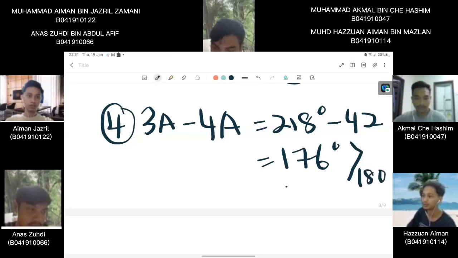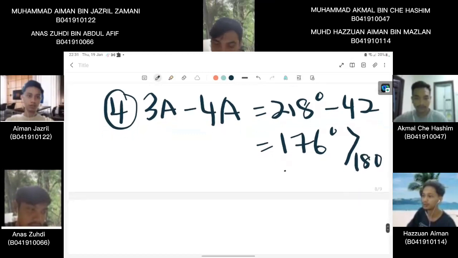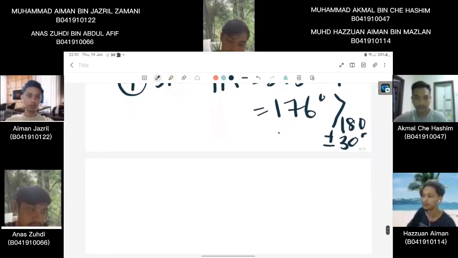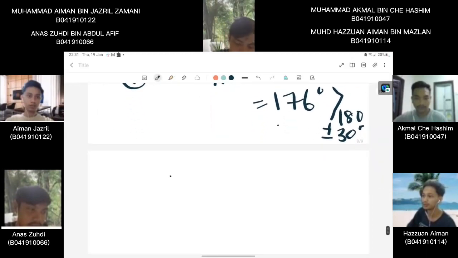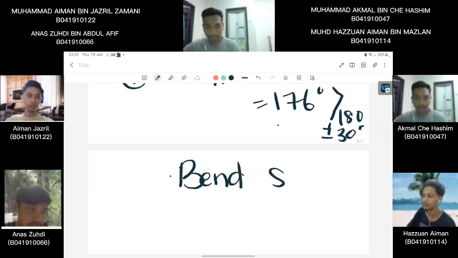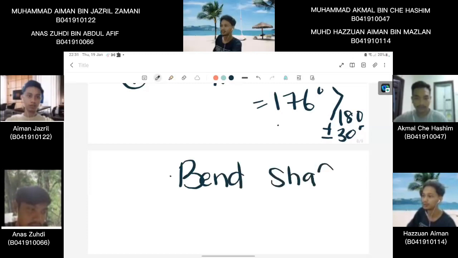So it is between 180 plus minus 30 degrees. This fulfills the bent shaft criteria, so it is bent shaft.